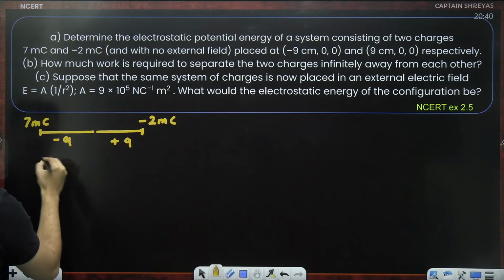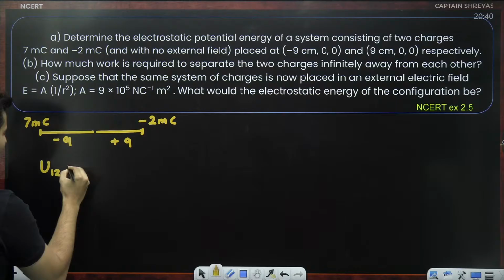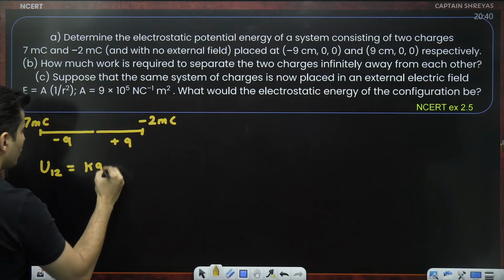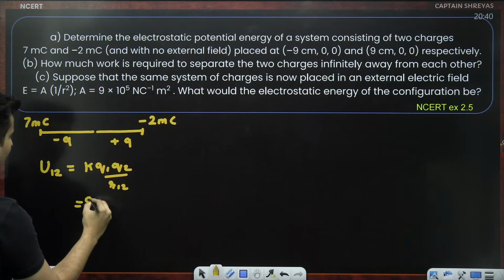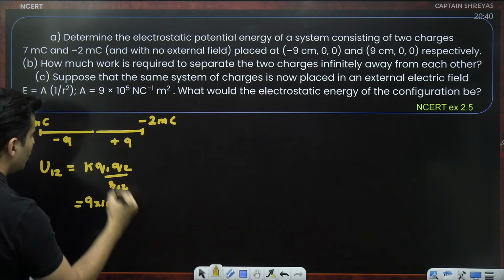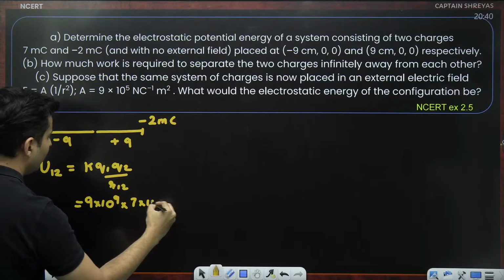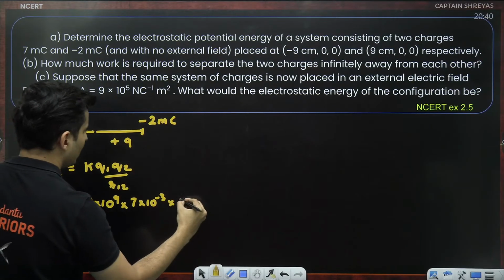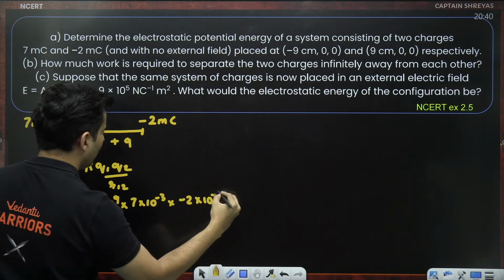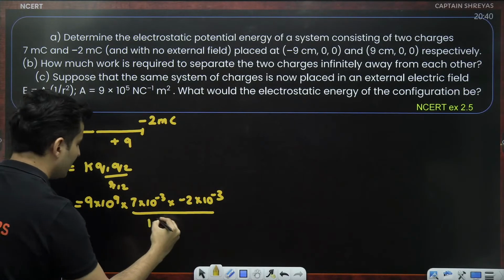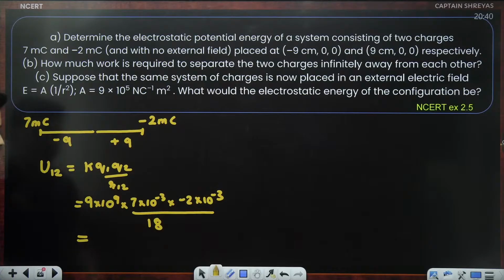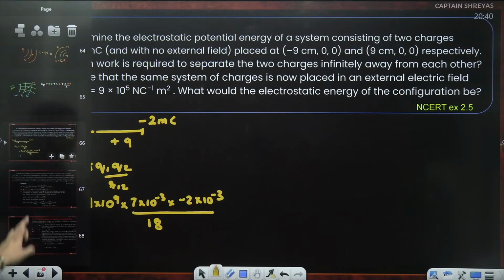So the potential energy of 1 and 2 will be K Q1 Q2 divided by R12. K is 9 into 10 to the power 9. Q1 is 7 milli and Q2 is -2 milli, which is 10 to the power -3. Whole thing upon the distance, which is 9 plus 9, which is basically 18. Solving this, you will get a negative answer. Just check this out.